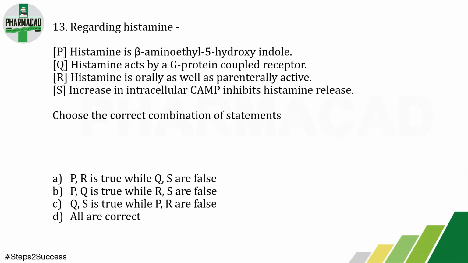Next question regarding histamine. So we have four statements here regarding histamine. That is, histamine is beta aminoethyl 5 hydroxyindole. So remember, this is a false statement. I will mark this for you.